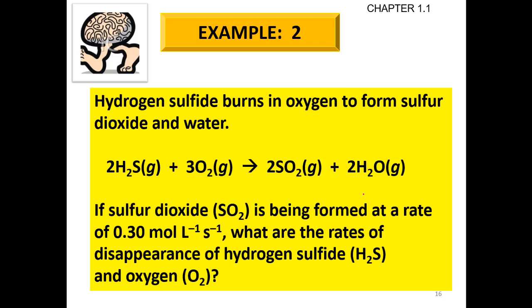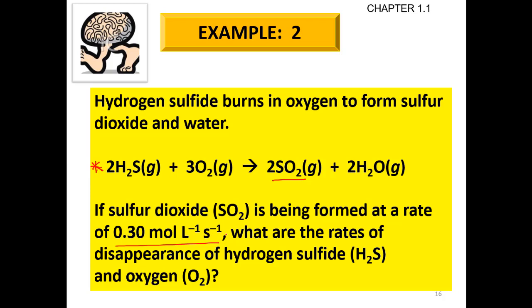So kita tengok contoh soalan ni. Hydrogen sulfide burns in oxygen to form sulfur dioxide and water vapor. So this is the equation. Sekarang dia bagi tahu if sulfur dioxide is being formed at a rate of 0.3 mole per liter per second.